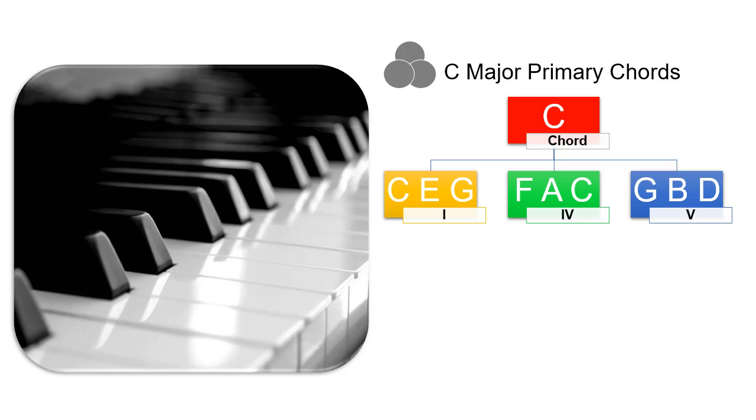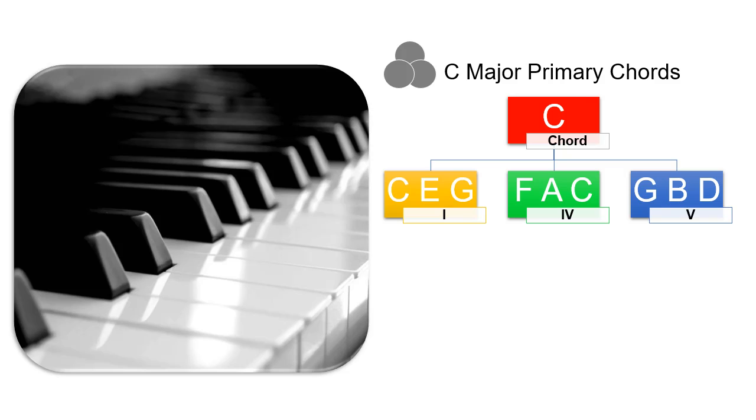F is the fourth from C, so if you count on your fingers C, D, E, F, F will be the fourth from C, and then if you count to the fifth note from C again, you are going to get a G.